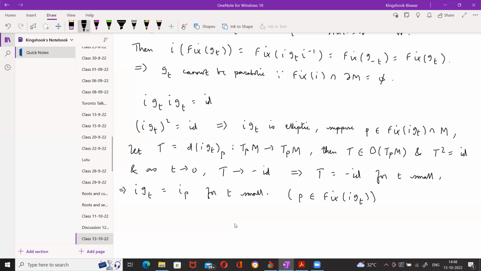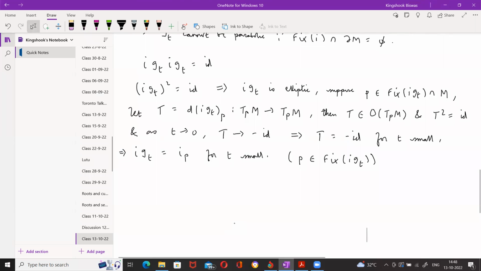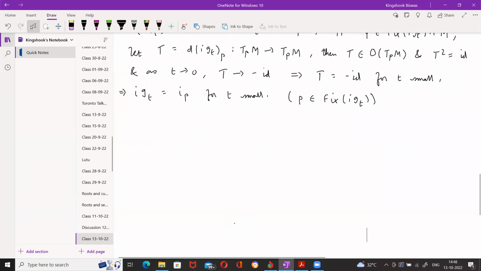So we're almost done. I just want to say that GT is hyperbolic and then I'll be done. So if this is my origin and this is P, then what is the product of these two Cartan involutions?